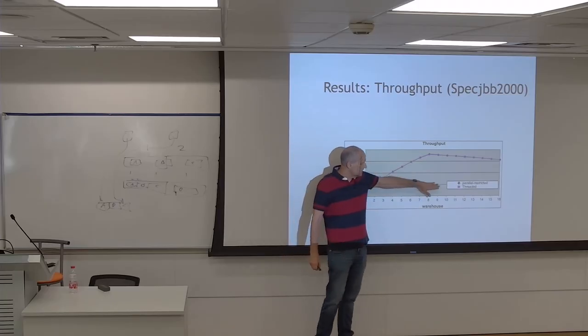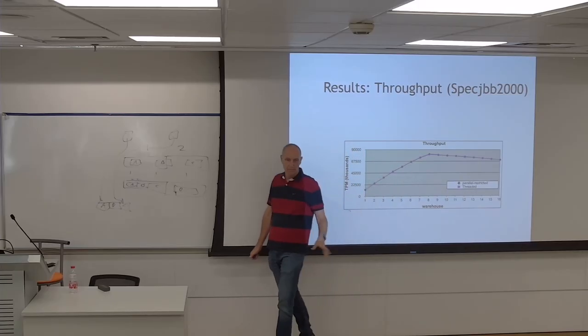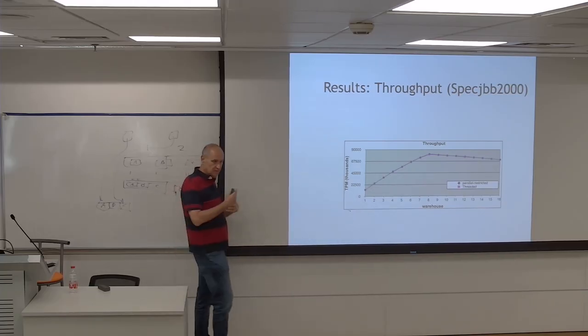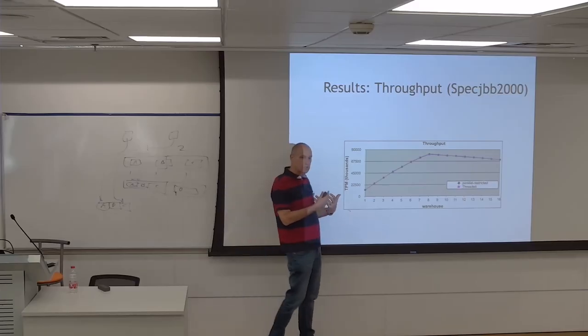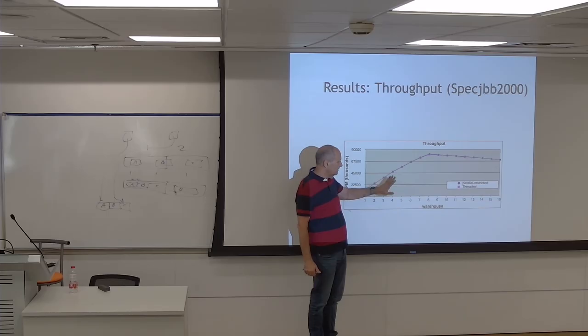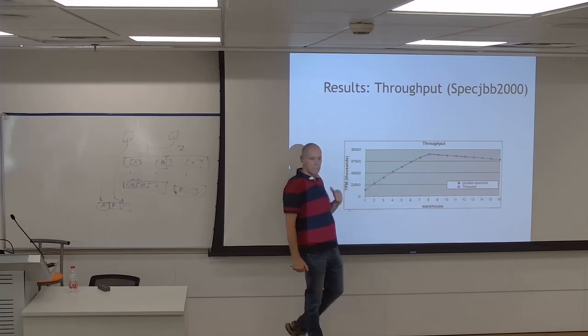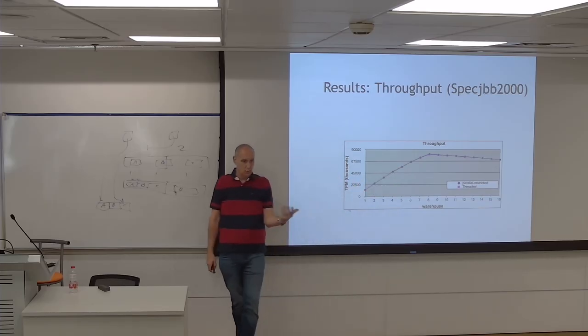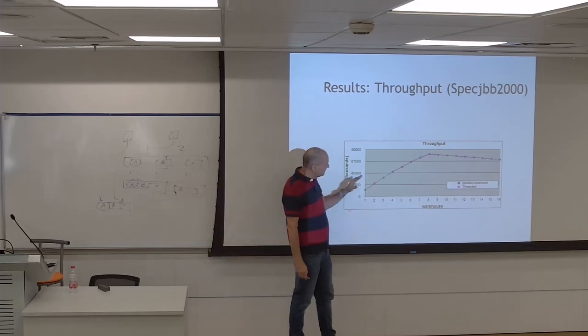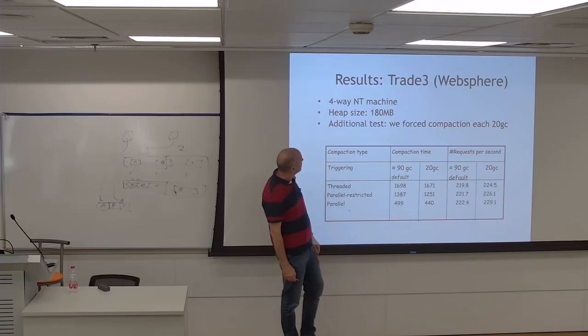And what you can see is it's running in exactly the same time as it runs with the threaded algorithm. So this is important to see that locality is not destroyed by the new algorithm. And nothing is seen because of the new order that we get with the new compaction algorithm. So this is also excellent.